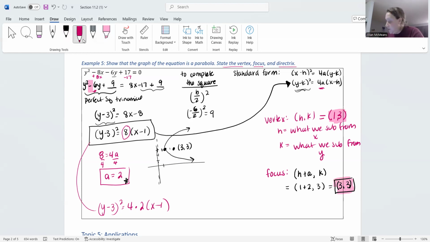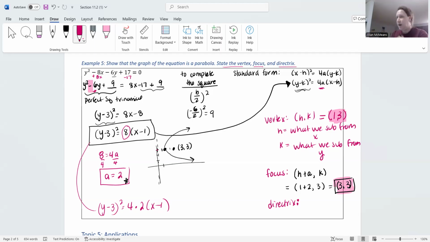Now for the directrix. The directrix is always going to be on the opposite side of the vertex as the focus. So if I add a units, I need to subtract a units to get to the other side of the vertex. I need my x value to change, my y value is going to stay the same. If I can find this ordered pair, I can figure out the point that my directrix is going to go through.